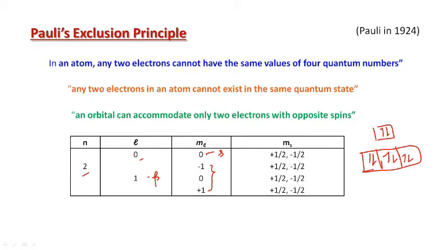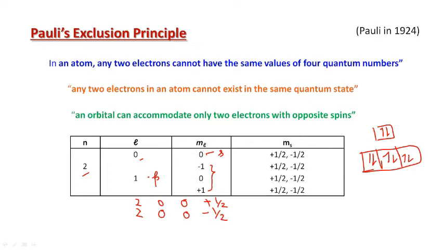Here in this case, one more thing you can see: if we write the 4 quantum numbers for the electrons, for the s orbital it is 2, 0, 0, plus half, and the second electron has values 2, 0, 0 and minus half.